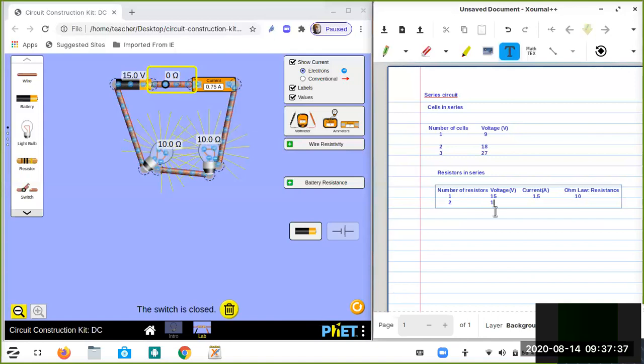That's 15. Then how much current do we have there? The current is 0.75. Right? And the resistance, we can see we are having two in series, right?